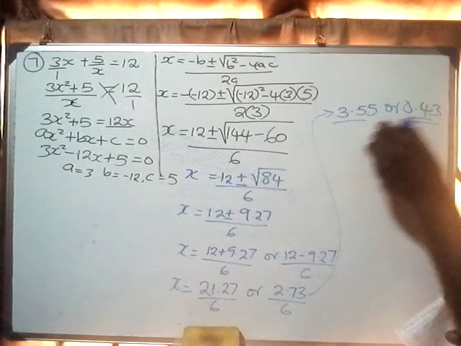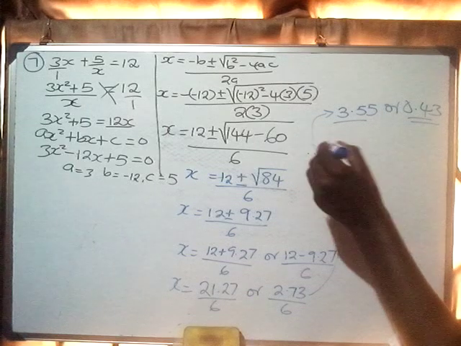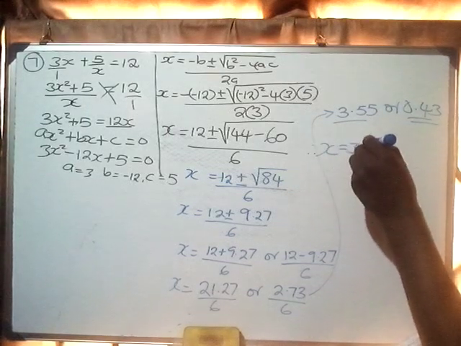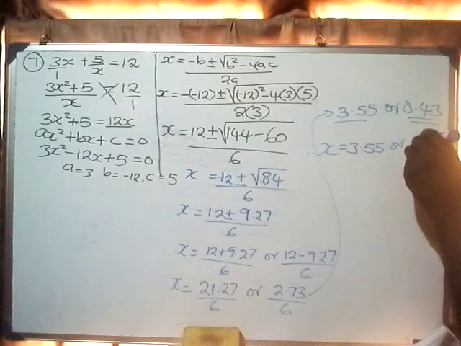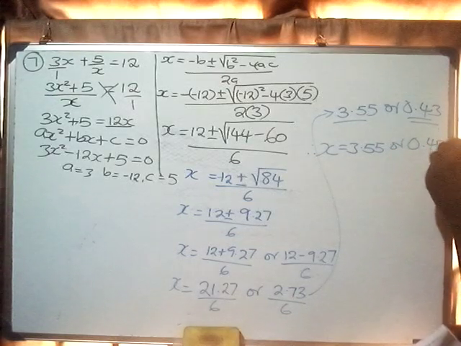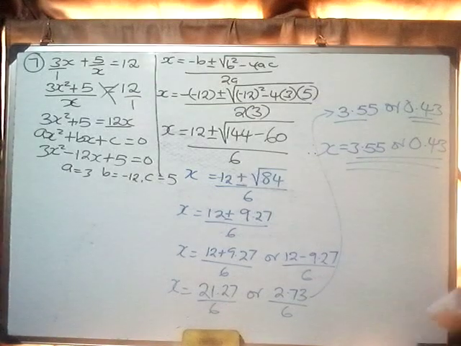So these two are the answers of x. Therefore x is equal to 3.55 or 0.43. These are the two answers we have.